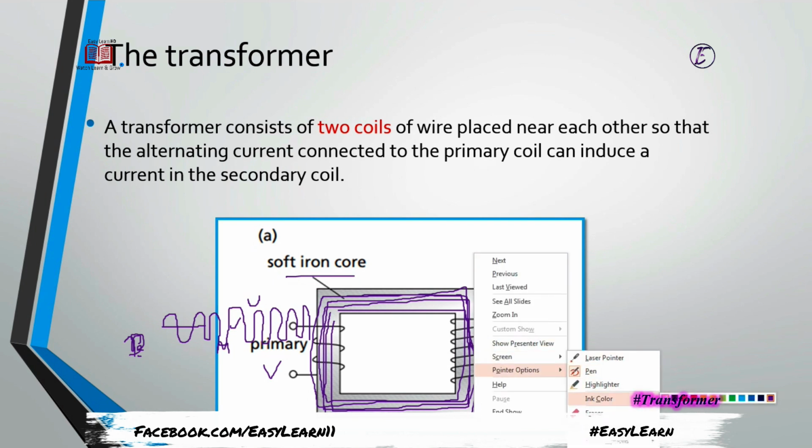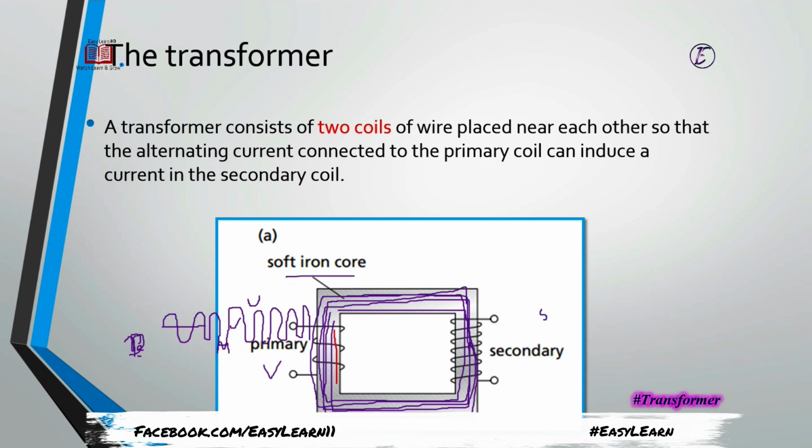The soft iron core then carries this changing magnetic field through the secondary coil and completes its cycle. When changing magnetic flux passes through the solenoid of the secondary coil, it will definitely catch the magnetic field lines to produce a current, and we can see the deflection here.